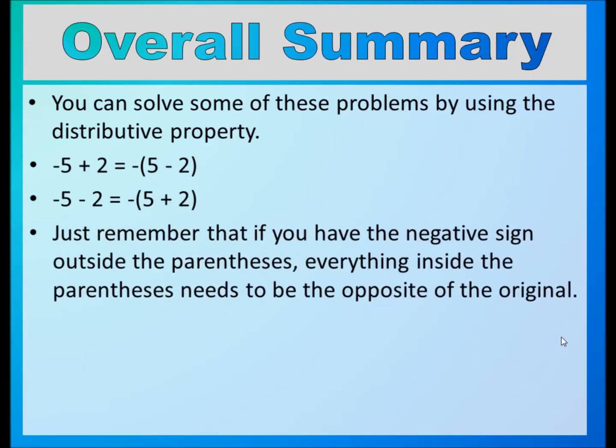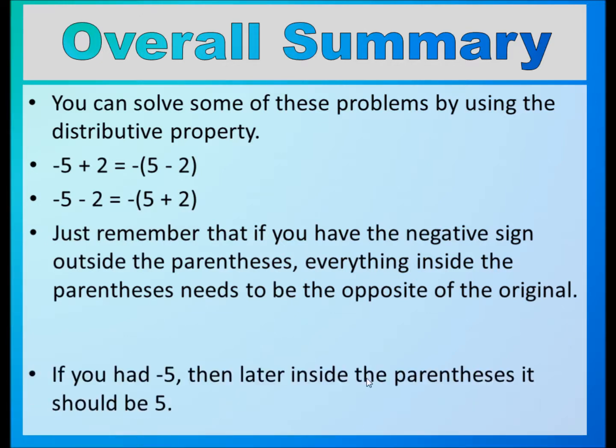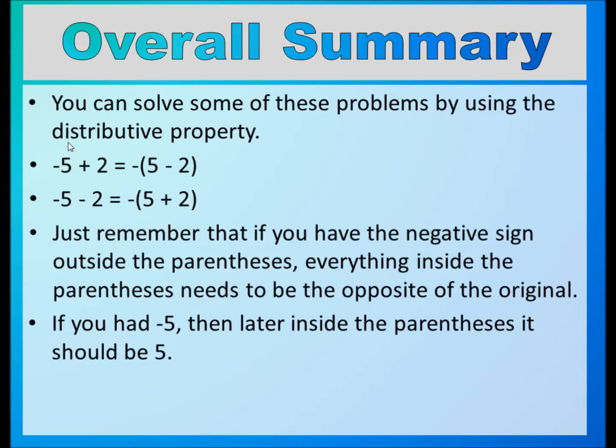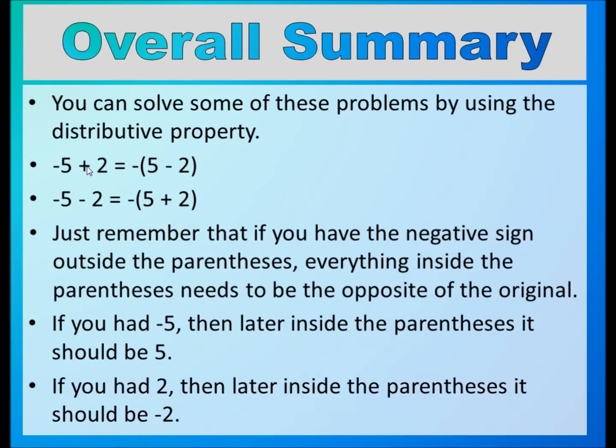Just remember that if you have the negative sign and only the negative sign outside the parentheses, everything inside the parentheses needs to be the opposite of the original. For example, if you have negative 5, then later inside the parentheses, it should be a 5. If you had a 2, then later inside the parentheses, it should be a negative 2.